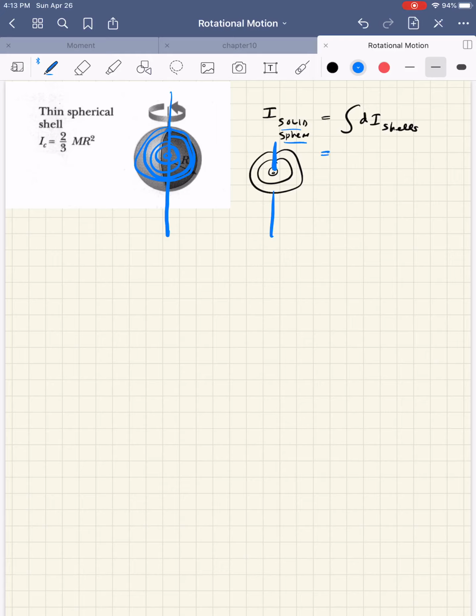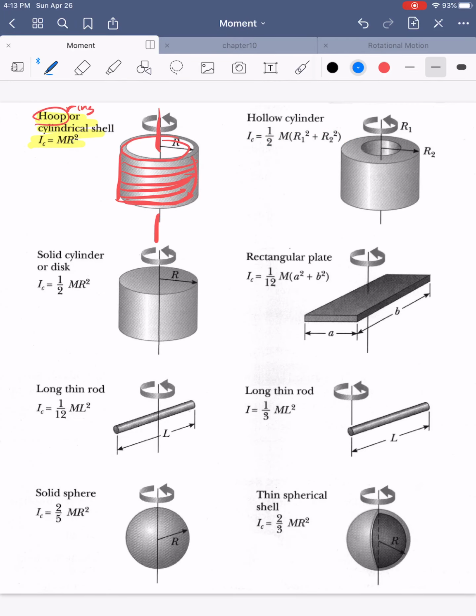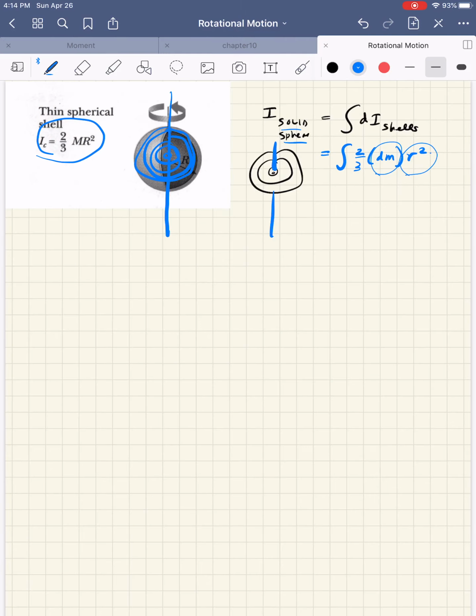I would be integrating over the infinitesimal moment of inertia of a thin spherical shell, which would look like 2/3 times dm times r squared. So in theory, if you integrate over this, find out what your dm is, find out what your r is, you should be able to find the moment of inertia of a solid sphere listed right here for you as 2/5 mr squared. So maybe you can prove this to yourself.